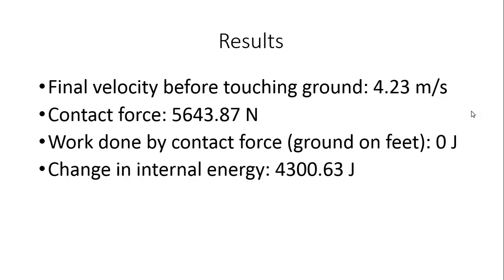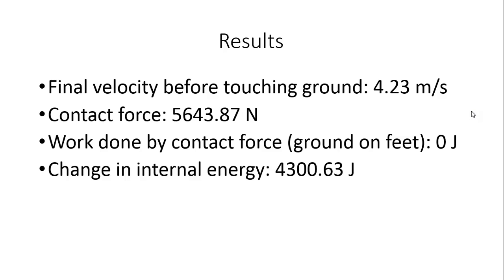Our contact force can also be calculated in a similar way. We know that the work done by gravity plus the work done by the contact force is equal to 0. So thereby rearranging, we know that the work done by gravity equals negative work done by the contact force. And work is just the contact force times the distance changed in the center of mass as this force is acting on the feet of the individual.